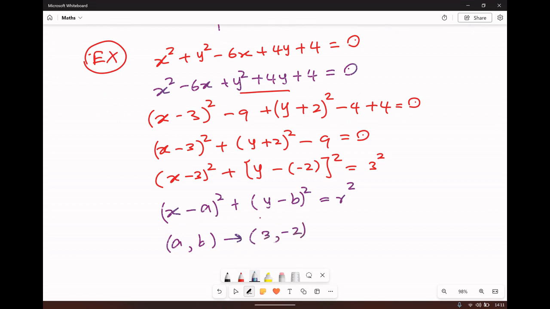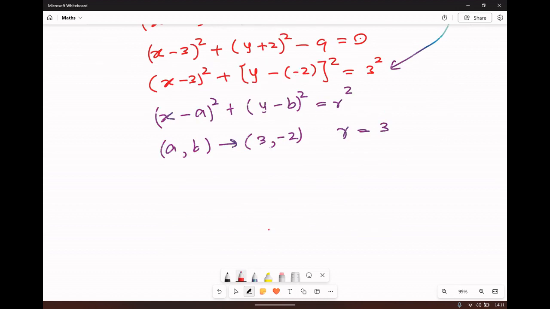It's easy to get the radius. The r squared is equal to 3 squared, so simply 3. Is it clear? We had the equation of the circle in one particular format, and then we converted that into the other format very easily by using completing the square, and so we can easily recognize the radius of the circle and the center of the circle.